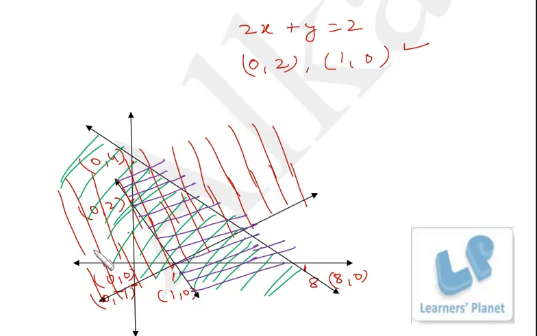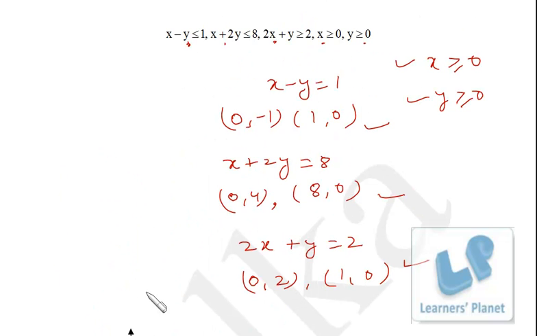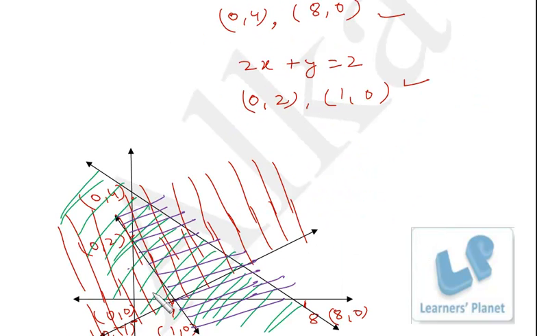Now since x and y both of them are greater than or equal to 0, that means we are talking about the first quadrant. Now just check in the first quadrant where you are having all the three colors, right? That is green, purple and red. So that is this region.